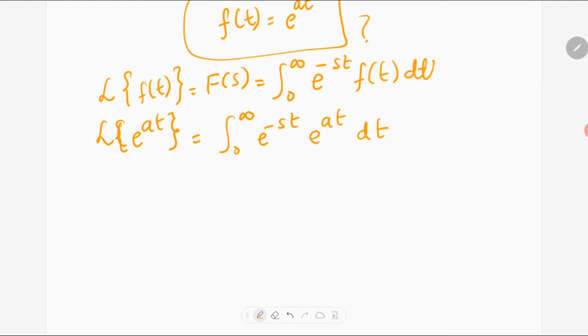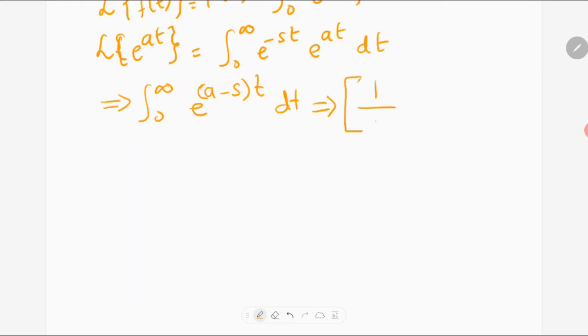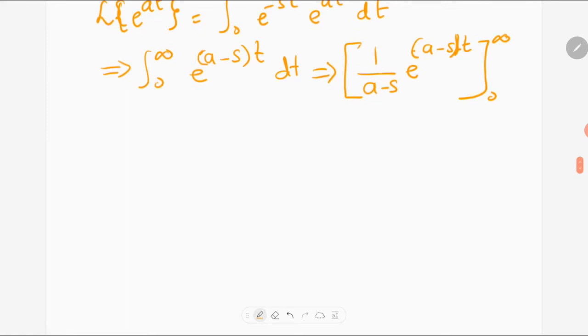right? And as we proceed, we get 1 over a minus s, e raised to power a minus s t, with the limits like this, right? As we have to input these limits into this t, we can take this out, and we are left with a minus s t at infinity and 0.